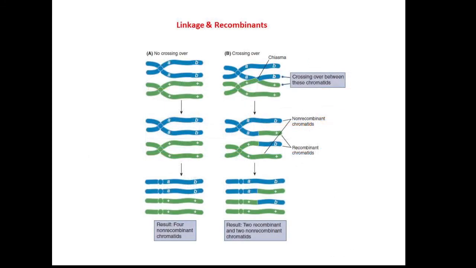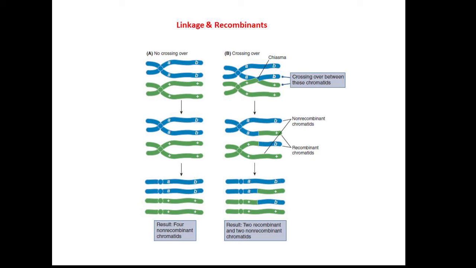Let's see what happens when there is a crossing over. When there is crossing over, a recombinant type allele will be formed. In panel A and panel B, you can see that in panel A there is no crossover, so the blue chromosomes and green chromosomes are not crossing over with each other.